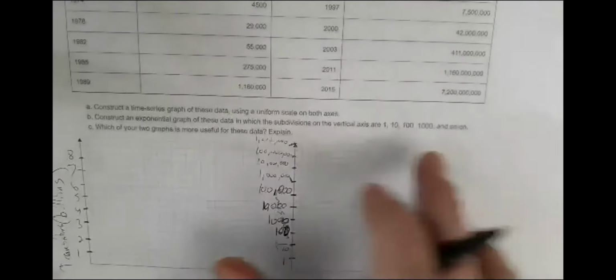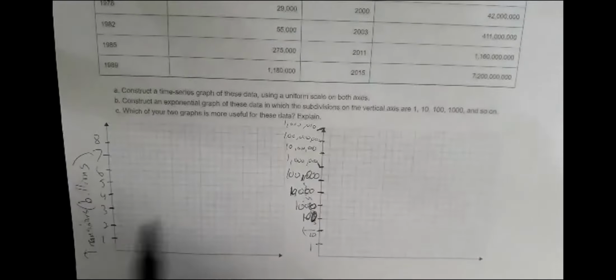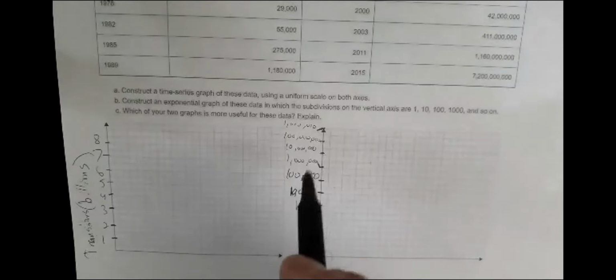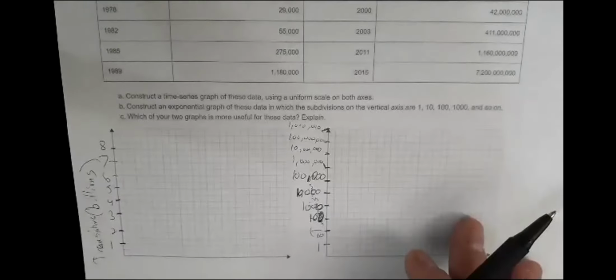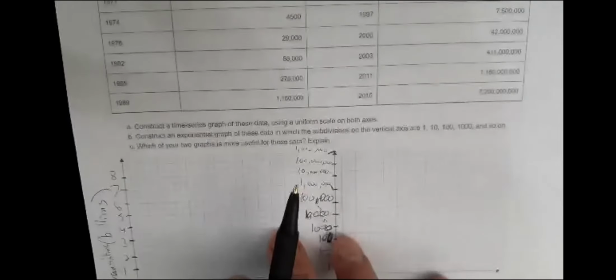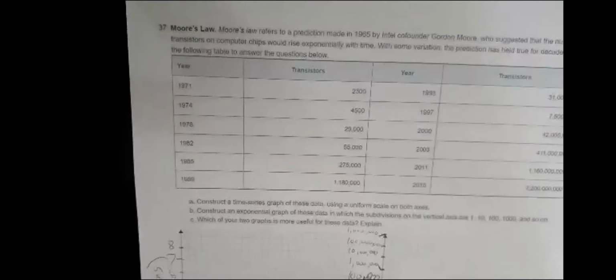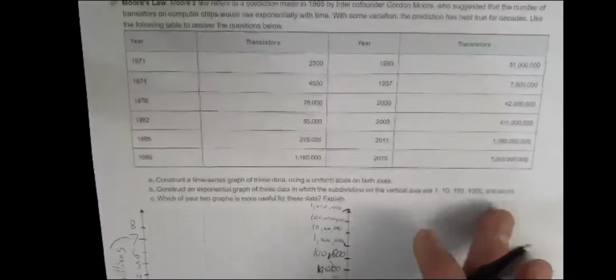All right, so we want to graph these things. We want to graph them with the normal scale, and we want to graph them with an exponentiated scale over here. So if we try to graph this thing, and we're going from 71 to 74. Why couldn't they just keep it consistent? 1971.